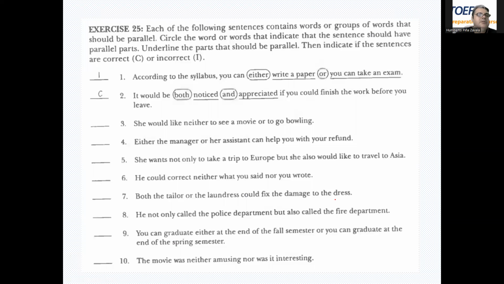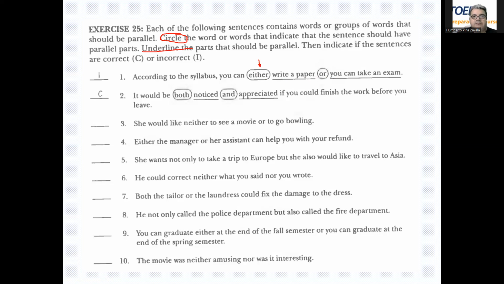Okay, so let's do exercise 25. Each of the following sentences contains a word or group of words that should be parallel. So we're going to circle the word or words that indicate the sentence should have parallel parts. We're going to underline the parts that should be parallel and then check if the sentences are correct or incorrect. Look at the example. According to the syllabus, you can either write a paper or you can take an exam.